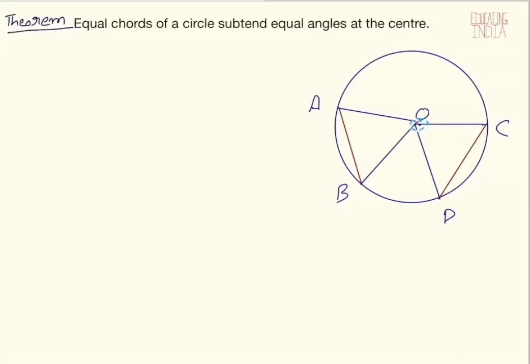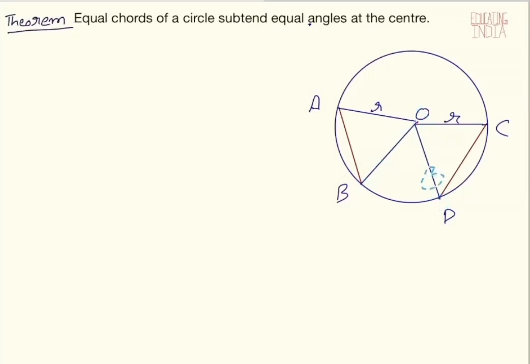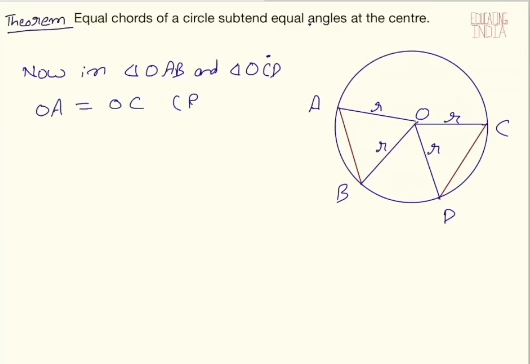From the center to the circumference, the length is called the radius. So OC is R, OA is R, OB is R and OD is R. Now in triangle OAB and triangle OCD, OA is equal to OC, which is the radius, and OB is equal to OD, again radius.